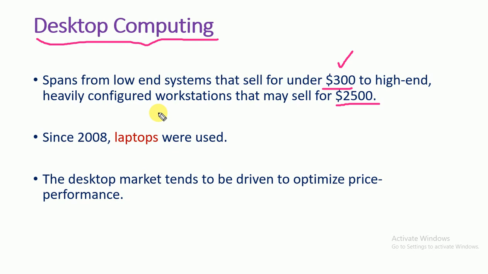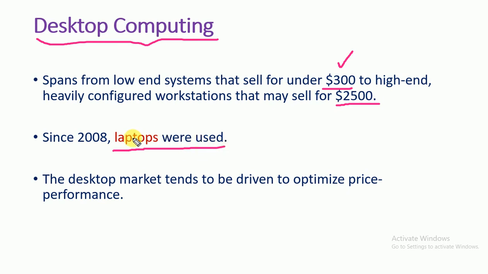Gaming laptops cost more because they require more RAM capacity as well as other capabilities. So desktops vary in price, depending on the specification of that particular desktop computer. From 2008 onwards, we actually started using laptops.